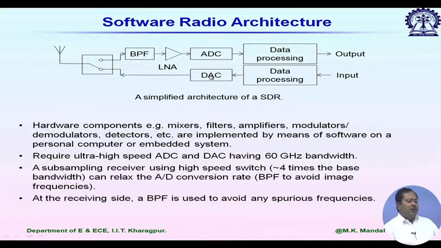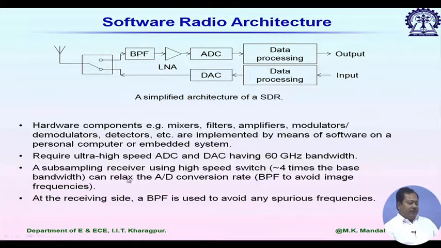So, the number of millimeter wave components can be minimized, but at the same time we need very high speed ADC and DAC. It is really challenging, and whatever ADC DAC is available at high frequency till now is very expensive. So, that is why it did not become popular at millimeter wave frequencies, but it is expected that once cheaper ADC DAC is available, let us say at 60 gigahertz, it would become very popular, since it does not need many millimeter wave components.